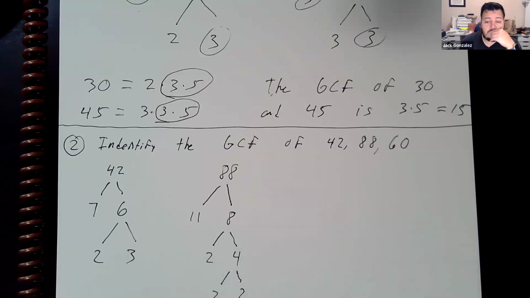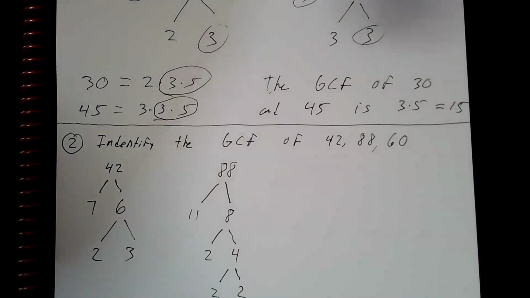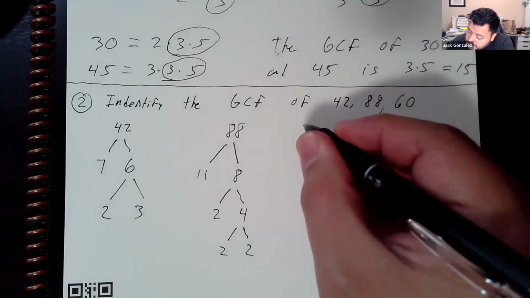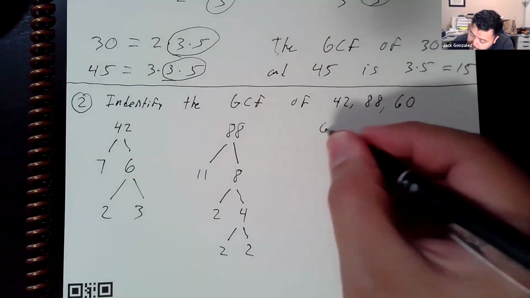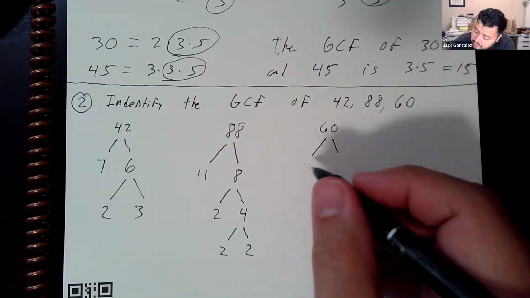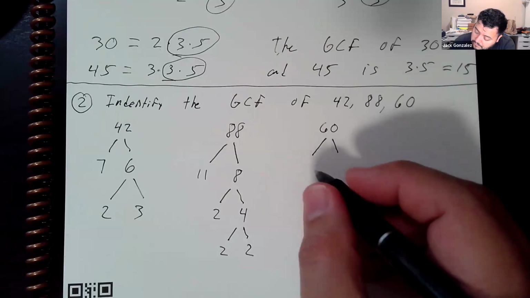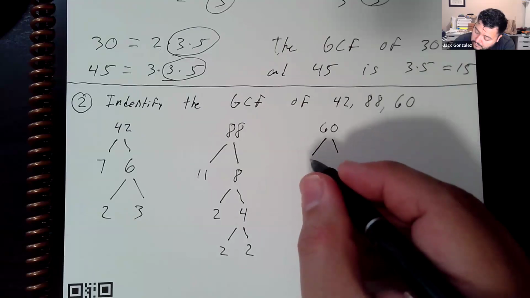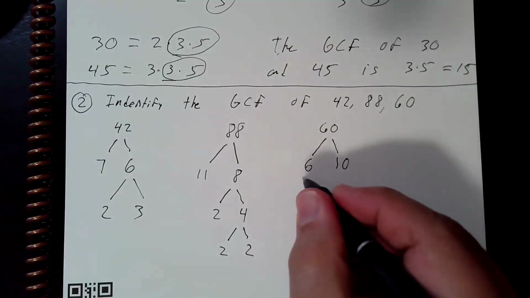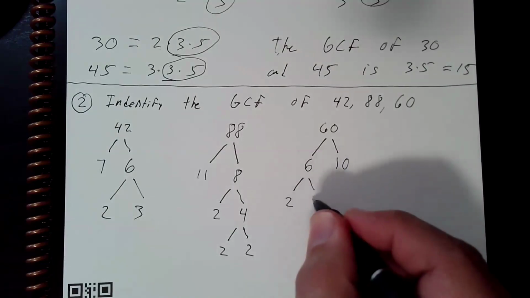Okay, so those are all the prime numbers. Now 60. Doesn't really matter. Just pick the easiest ones you can think of, because eventually we're going to get down to primes.